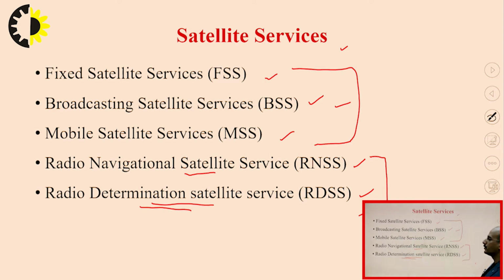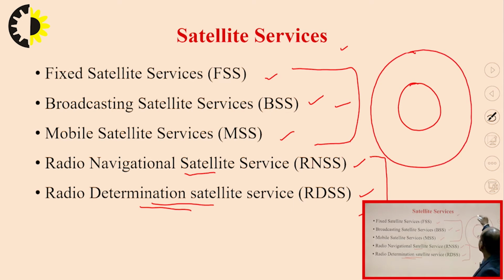As I told you, this is Earth and this is the outer atmosphere of the Earth. If we are talking about the communication between the Earth and satellite, that is governed by these satellite services. But in space, there is not a single satellite.